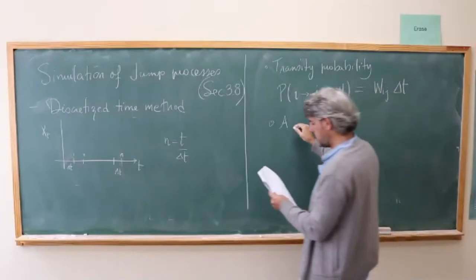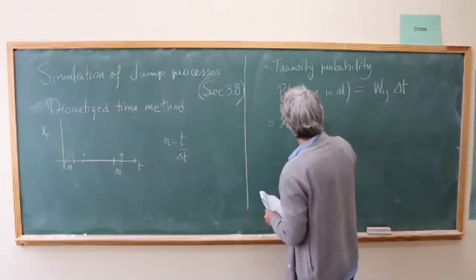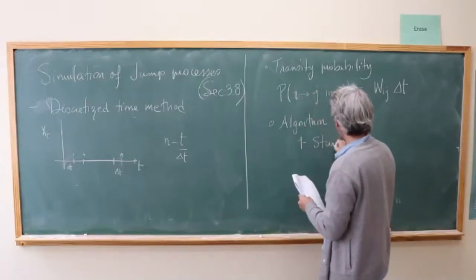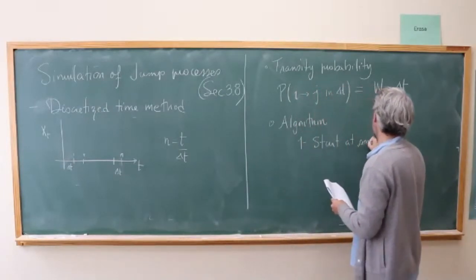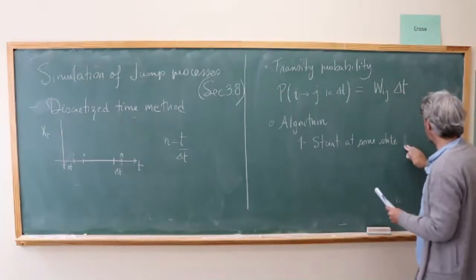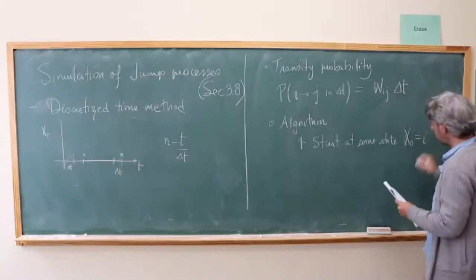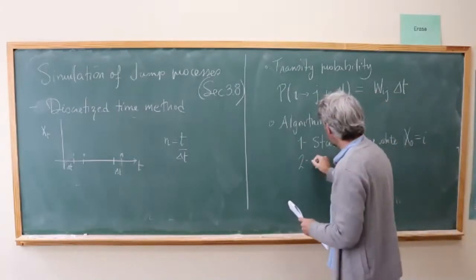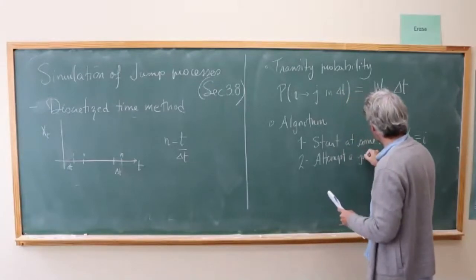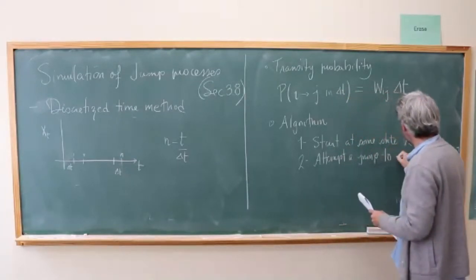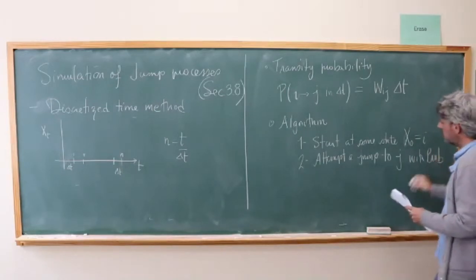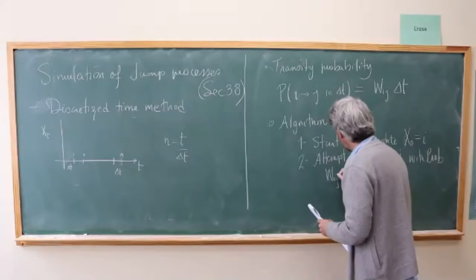So what you do, and this is the algorithm, first you start at some state i, that's the initial point, so this will be x0 equals i, that's the initial condition, and then you attempt a jump to a state j with probability w_ij dt.